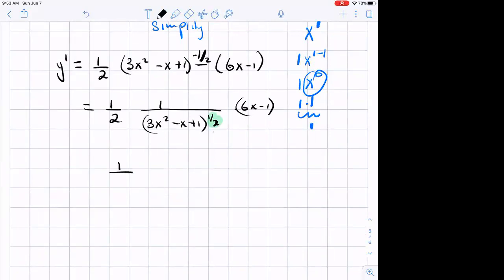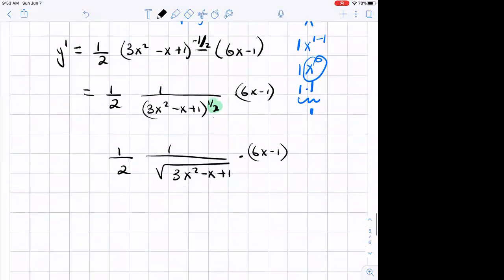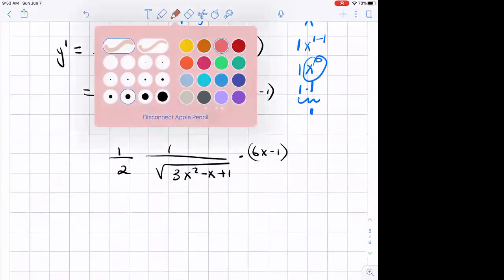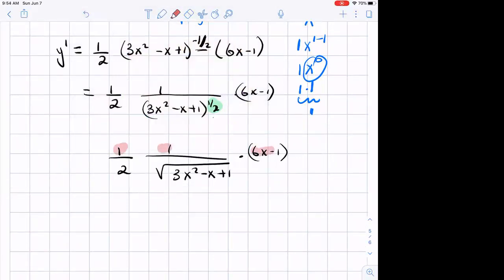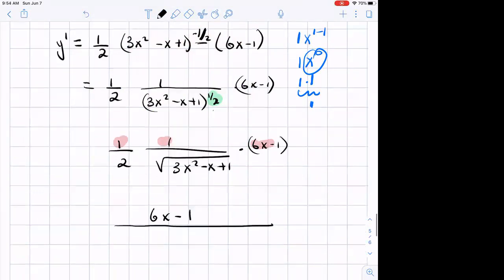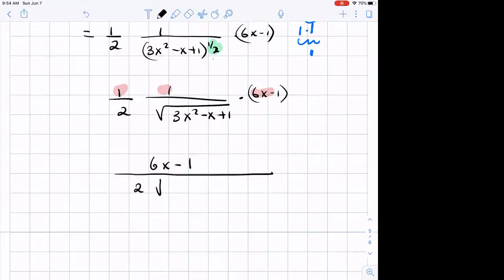So this becomes 1 over 2 times the square root of 3x squared minus x plus 1, times 6x minus 1. Now if you multiply all the numerators, we have 6x minus 1 over 2 times the square root of 3x squared minus x plus 1. So this is y prime.